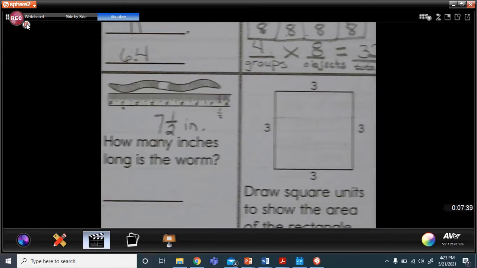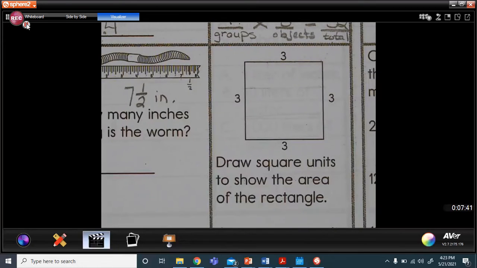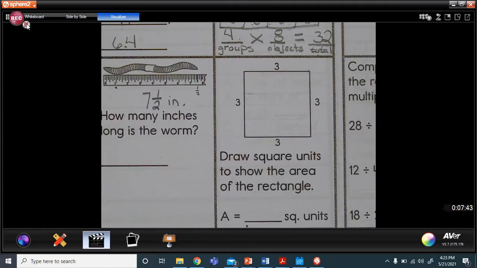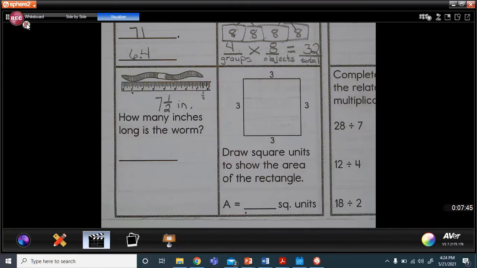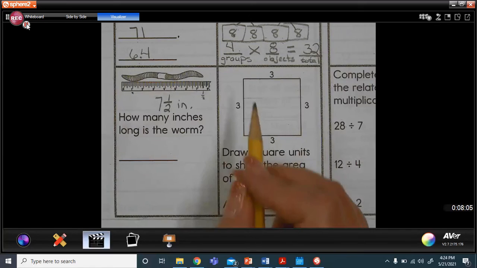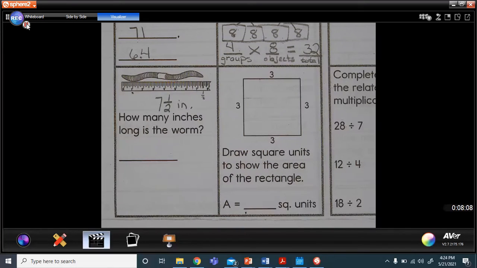Now we're going to take a look at our last problem. It says draw square units to show the area inside of the rectangle. So area is how many square units will cover the inside of this shape. It's not perimeter, even though each of these sides shows a length, and they didn't even say what the length is.